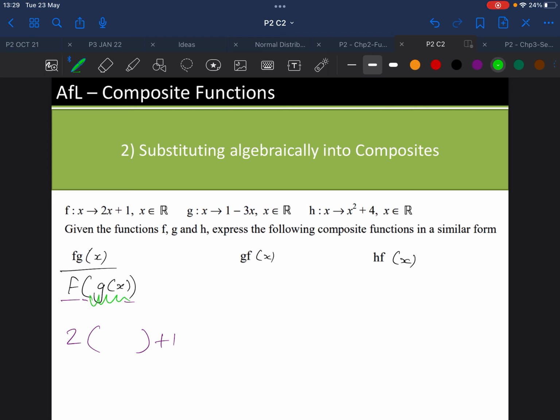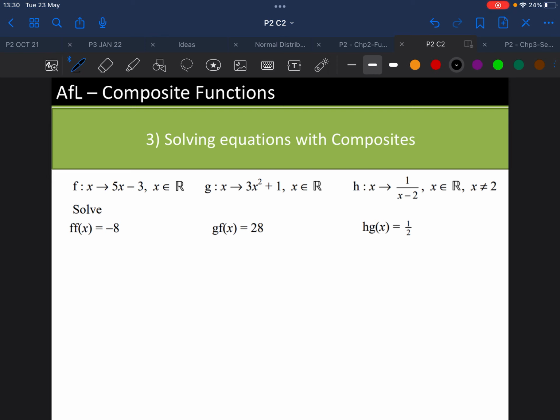The g of x rule at the top is 1 minus 3x. Okay, and then simplifying from there. Let's do this one as well, the other way around. So if you start with g, it was 1 minus 3 lots of something, your input. And then what was the input? The input was f of x, which was 2x plus 1. Okay, and you would just simplify these ones.